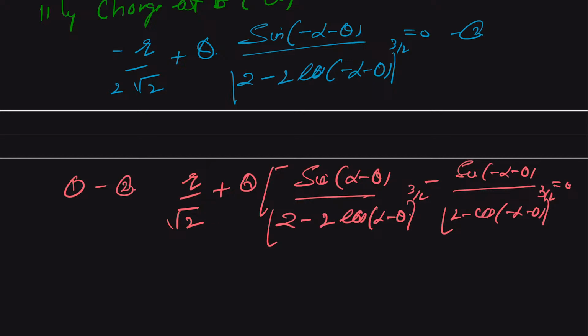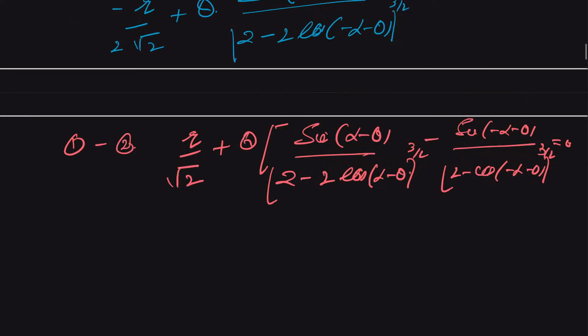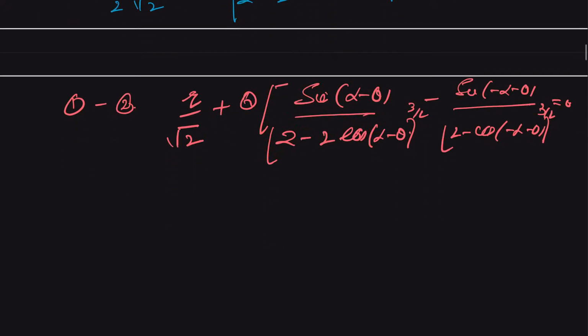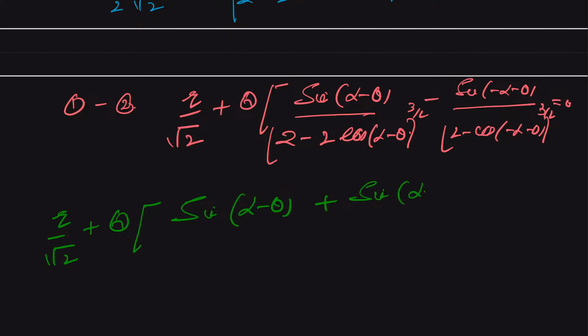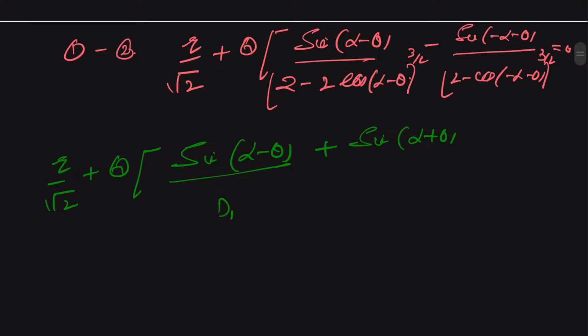And we know that sine of minus x is minus sine x and cos of minus x is cos of x. Therefore we can write this as q upon square root of 2 plus q. We get sine of alpha minus theta, and this will be minus sine of alpha plus theta, divided by, and let us take this as d1 denominator whole raised to power 3 by 2, and this as our d2 denominator whole raised to 3 by 2 is equal to 0.